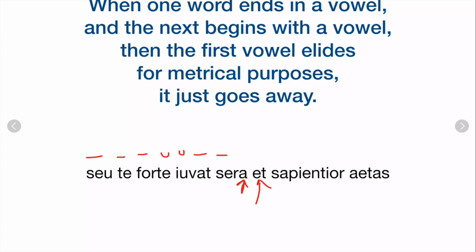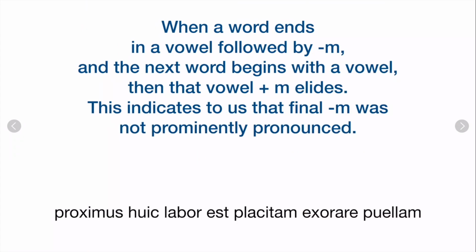Okay, this first one is just going to go away. All right, so seu, te, for, te, you, what, ser, et, sapientior, aitas. Okay, so that's called elision. If you're familiar with ancient Greek, when vowels are elided, they're not printed. In Latin, they're printed, and you just have to know that you don't really pronounce them when you're reading poetry.